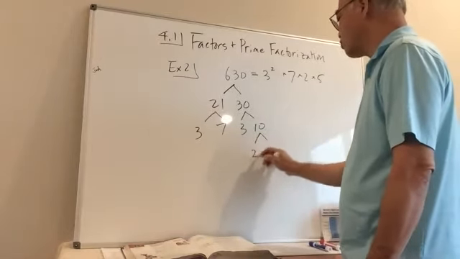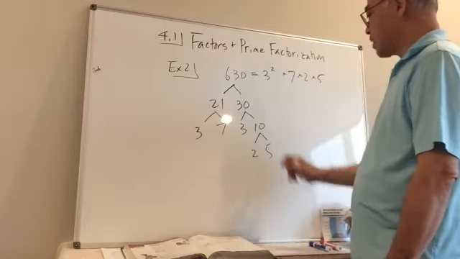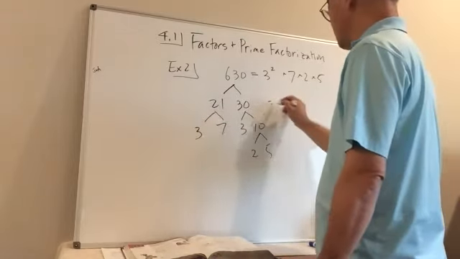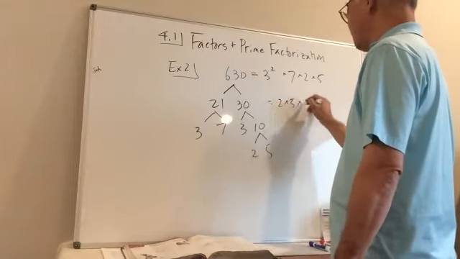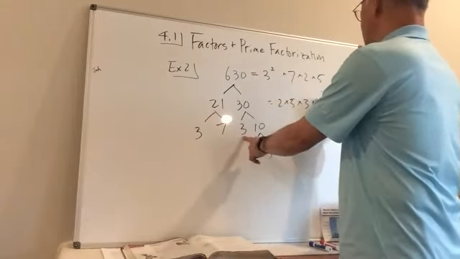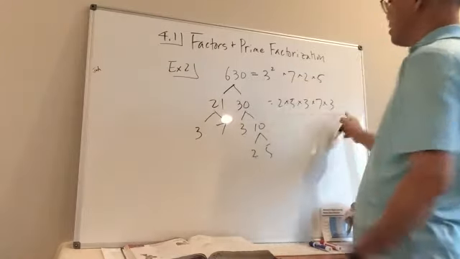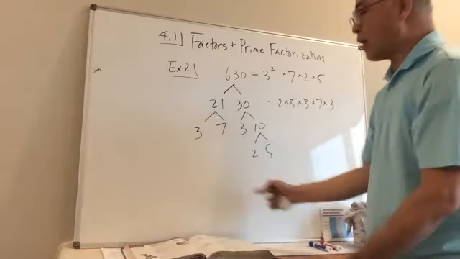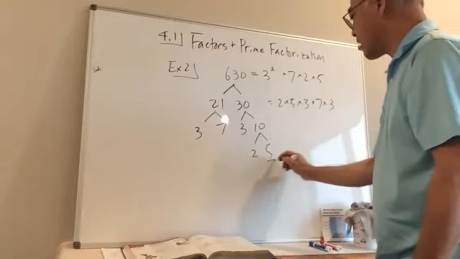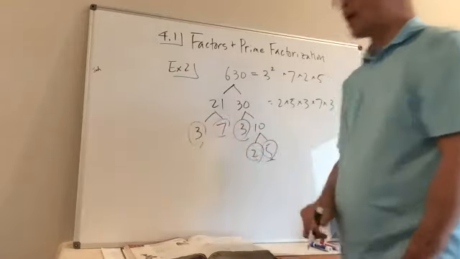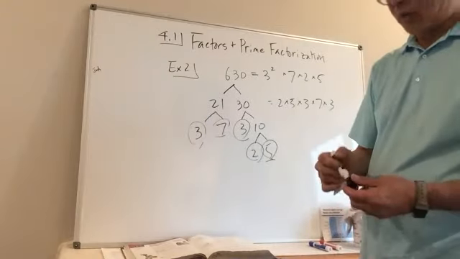This is 2 and 5. So I have 2, 5, 3, 7, 3. So this again is 2 times 5 times 3 times 7 times 3. I have the two 3s, just like I had the two 3s here. So it doesn't really matter how I approach it, as long as I have nothing more than prime numbers here at the end, I'm good to go.